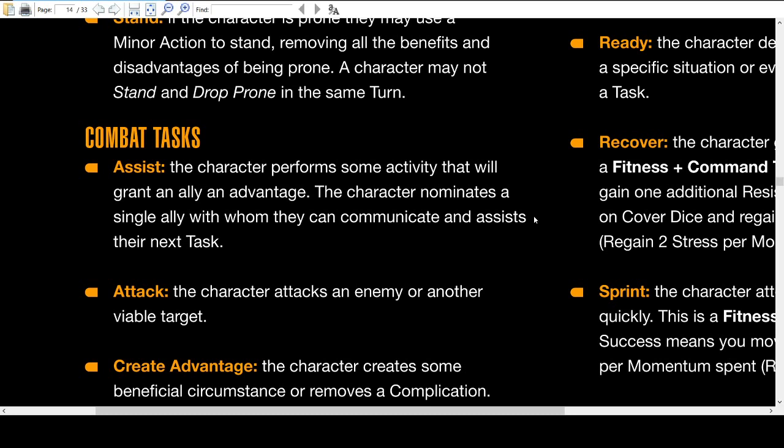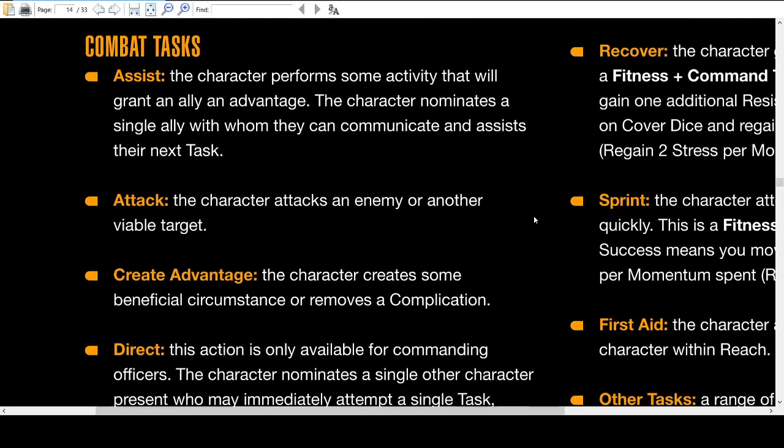Like in Dungeons and Dragons 5th edition, some players may not be aware of some of the options available to them because they're too used to the idea of moving and attacking. But in Star Trek, it's important for the GM to know that these options are available to the players, and just as important to know how they can be used on the table and in a conflict situation. So let's get to it and read about combat tasks.